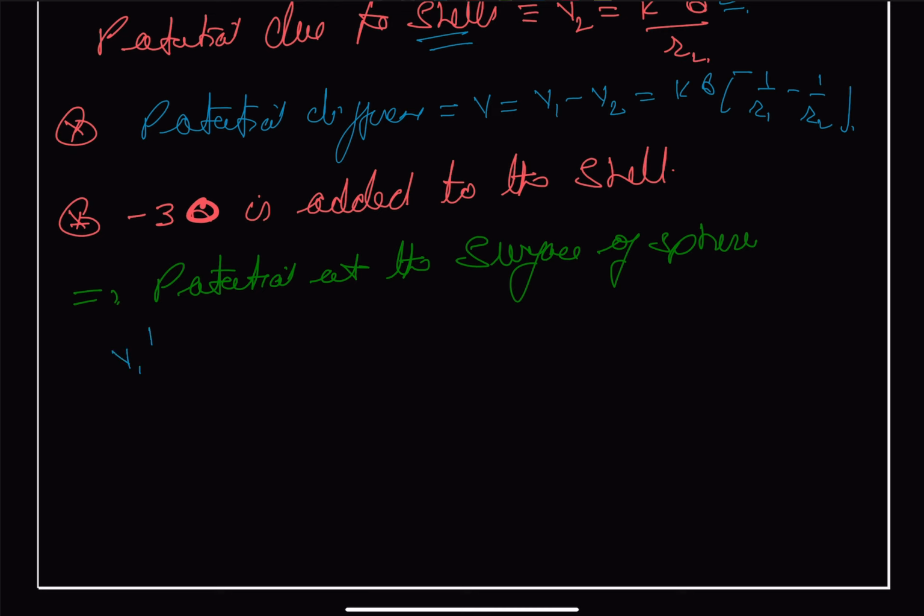So V1 prime will be equal to KQ upon R1 minus K3Q upon R2. Okay. And the potential at the surface of the shell, let us suppose that is given as V2 prime.